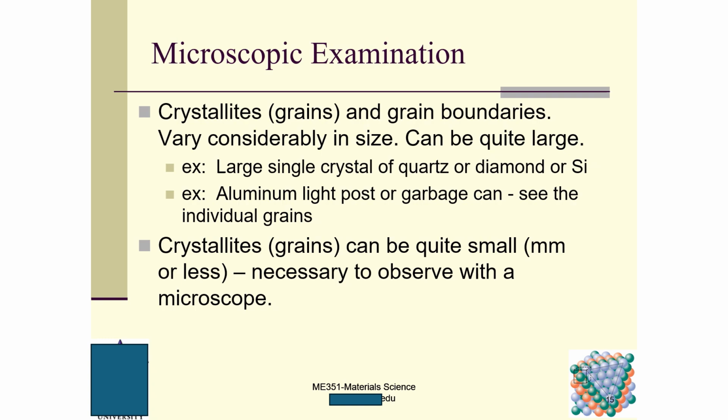Aluminum light post or garbage can, and you can see the individual grains. Or the grains can be quite small, a millimeter or less, necessary to observe with a microscope. That means they can be very big, can be very small.